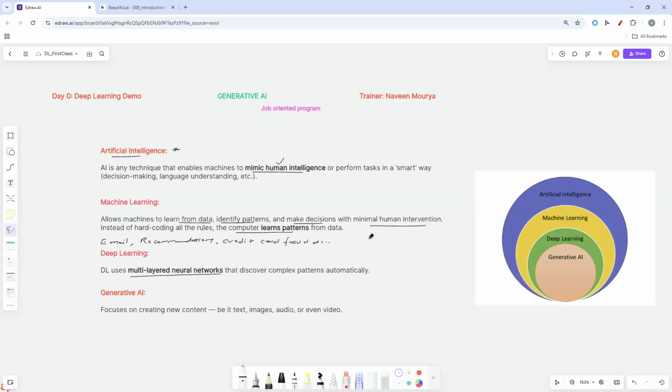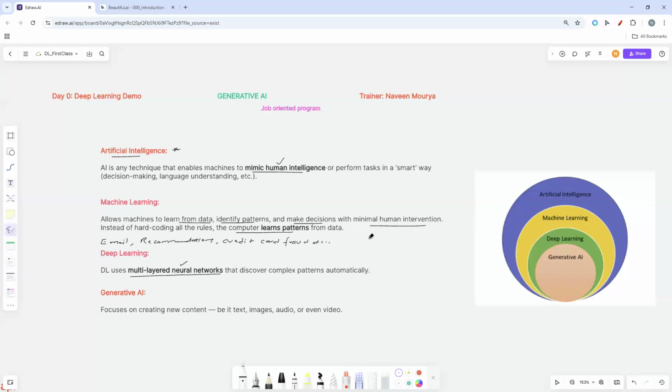Okay, so don't get confused here on different definitions, but for now you can remember that deep learning uses multi-layered neural networks that discover complex patterns automatically. Okay, and here also we can say a few of the applications or uses of deep learning, that we'll cover in detail. And the examples I'll tell you in the next couple of minutes.